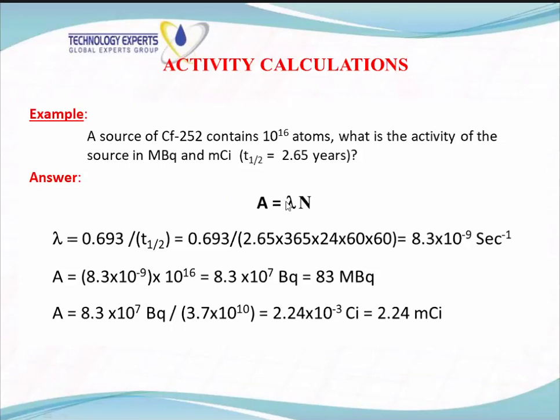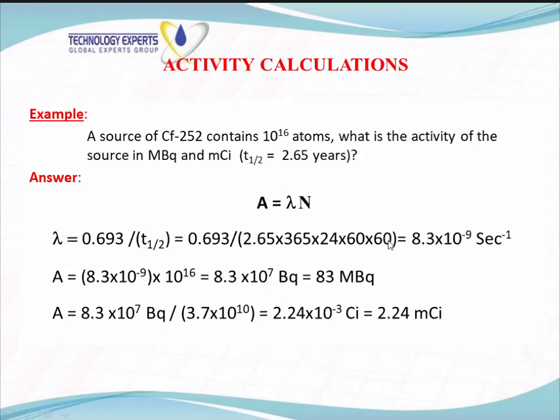Now, take care. T half is in years, and lambda must be in 1 over second. So we need to convert these years to seconds. Let's apply the equation. Lambda equals 0.693 over T half, equals 0.693 divided by all of this.